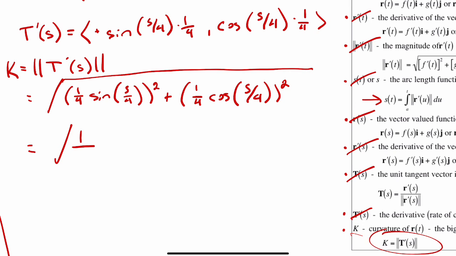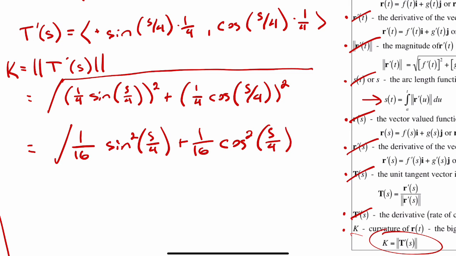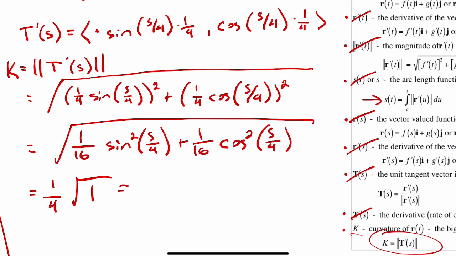That gives us 1 over 16 cosine squared of s over 4 plus 1 over 16 sine squared of s over 4. Let's factor out the 1/16, and we can actually pull that outside of the radical as a 1/4. And then we're just left with the square root of sine squared plus cosine squared, which is the square root of 1. Square root of 1 is 1. So our curvature, finally, is just equal to 1/4.